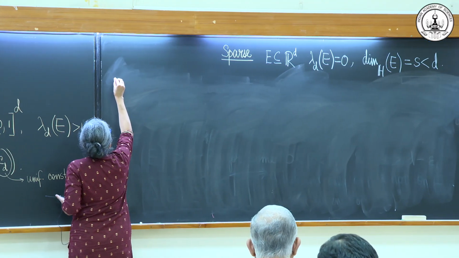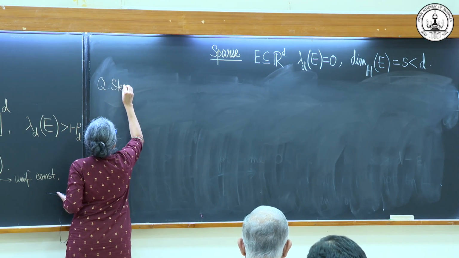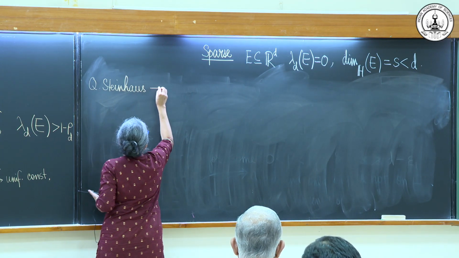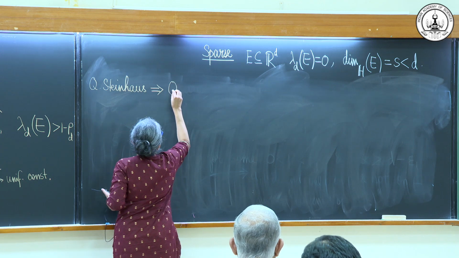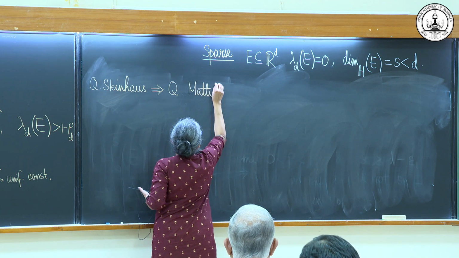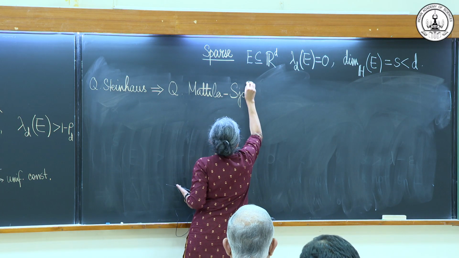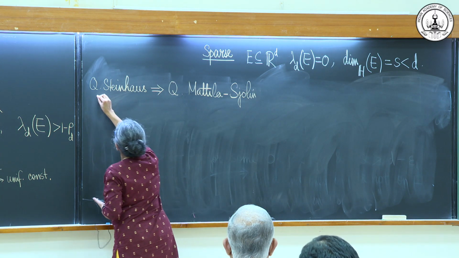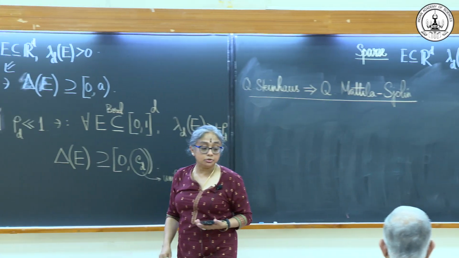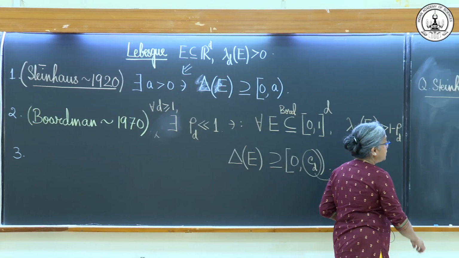Our quantitative Steinhaus implies quantitative Mattila-Sjölin. So let me identify what this is, and this is just part of our work with Rani.